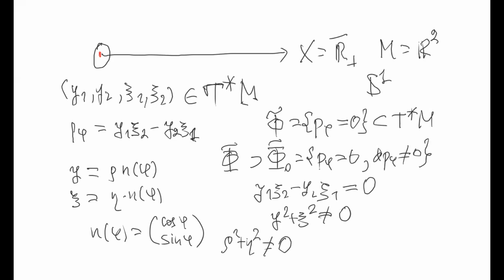So this is a parametric representation of our phi naught, and the symplectic form restricted to this phi naught is as follows.